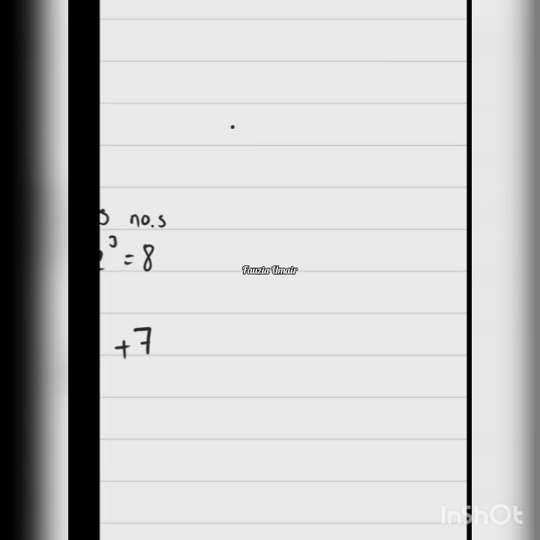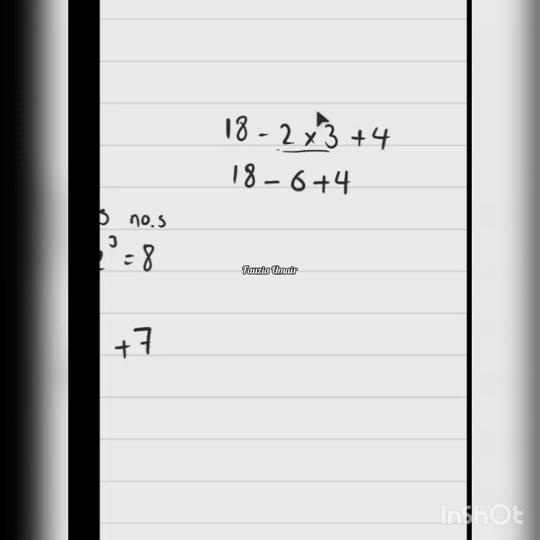So for example, there is a question: 18 minus 2, let's say multiplied by 3 plus 4. How to solve it? What should be solved first? -2 multiplied by 3. Yeah, this multiplication should be solved first. So it should be -6 plus 4.